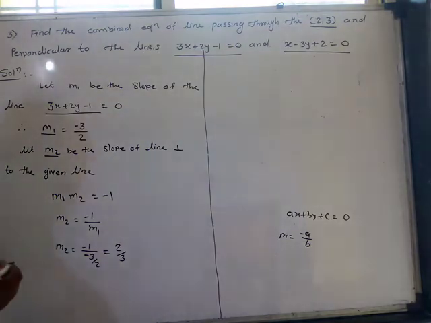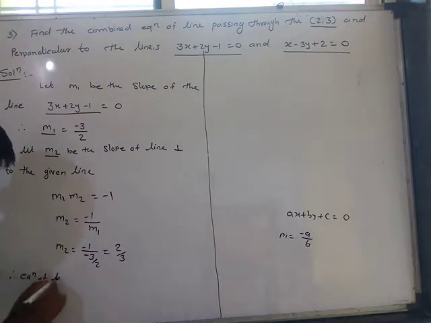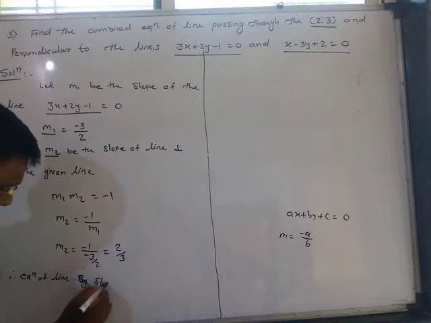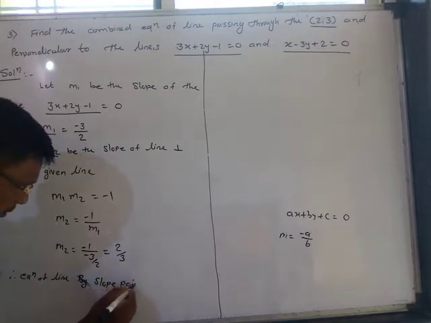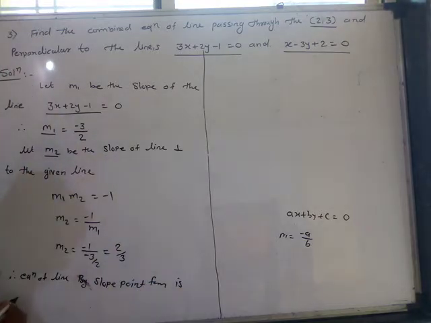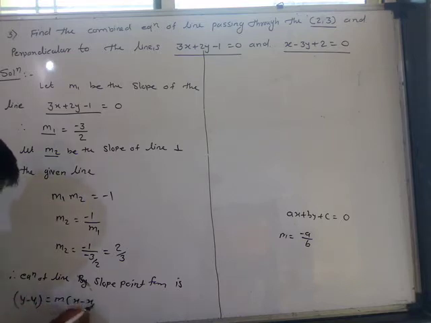So therefore the equation of the line by slope point form is, बघा, y minus y1 is equal to m into x minus x1.